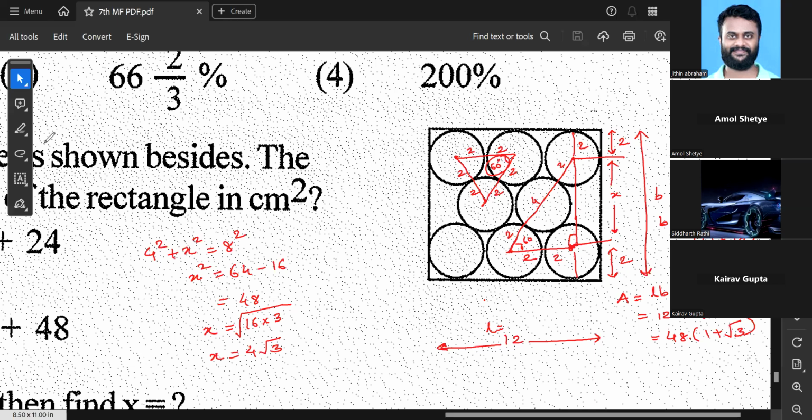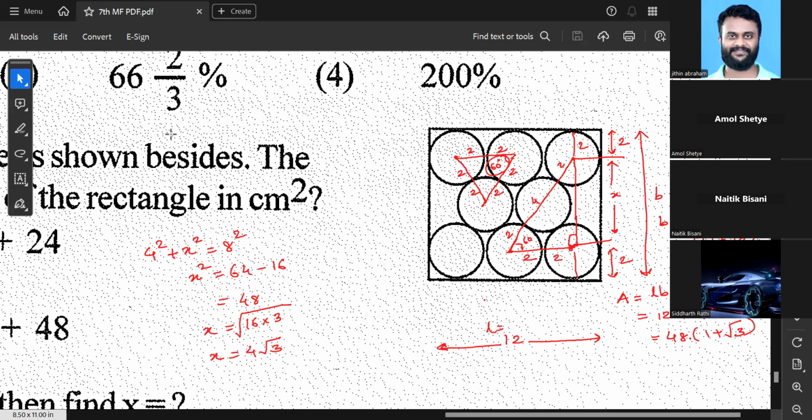If this much is clear, then I'll zoom out, because if I zoom out, everything will go. Sir, it's option 1. Sir, I have a doubt. Yeah, ask. Sir, the right angle triangle that you have drawn, how did you get its third side? The third side, by the Pythagorean theorem.